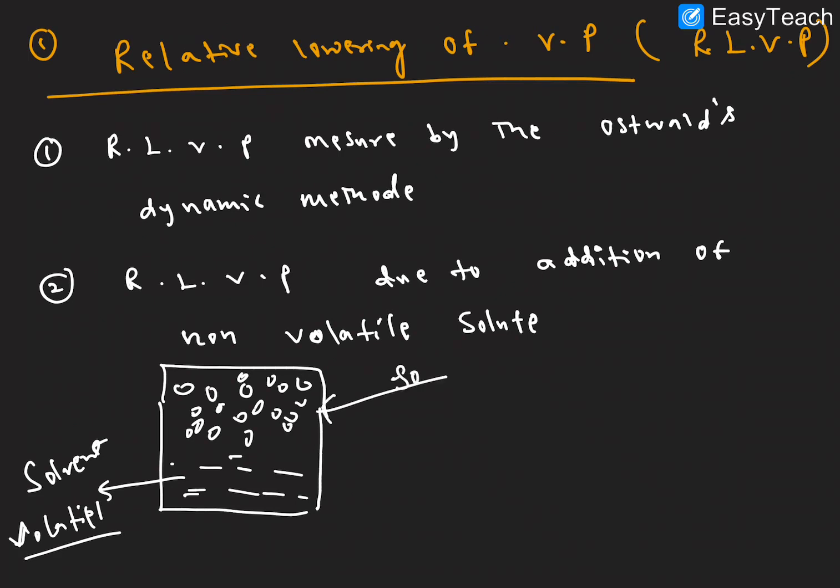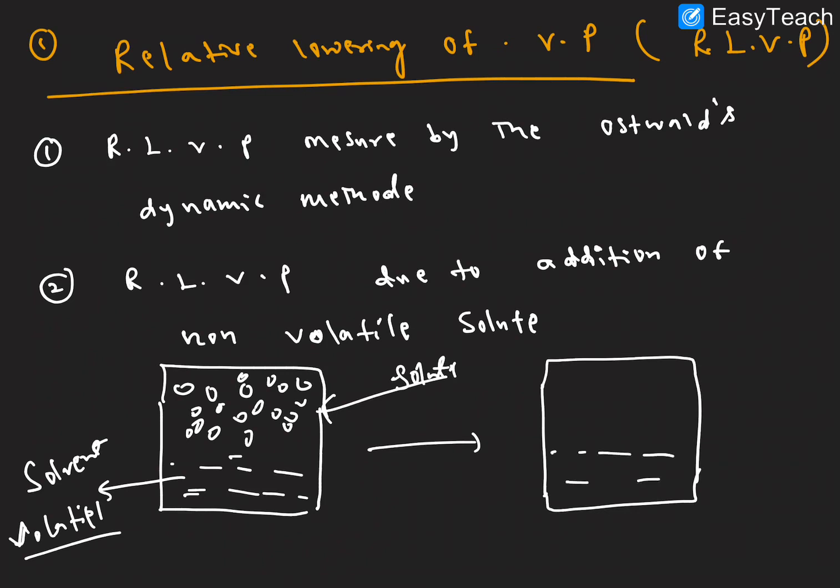Whenever we add the solute, the vapor pressure decreases. This is a solution, and its vapor pressure is very much less compared to the solvent.